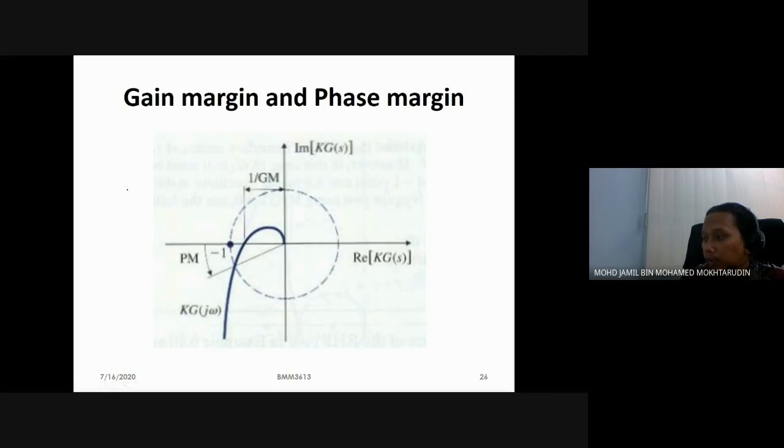However, if your plot intersects here, let's say for example, which is more than -1, then this Nyquist plot is for an unstable system. So you need to look at where the Nyquist plot intersects on the real axis. If less than -1, then stable. If more, it's unstable.